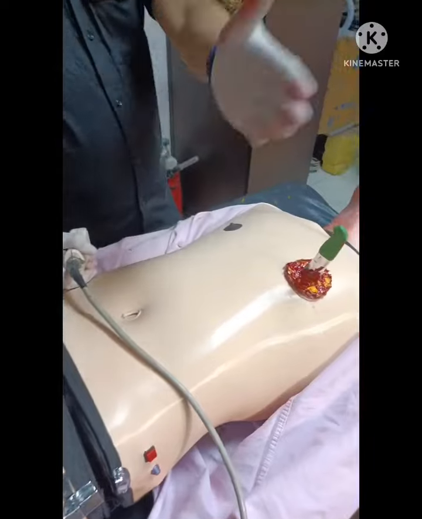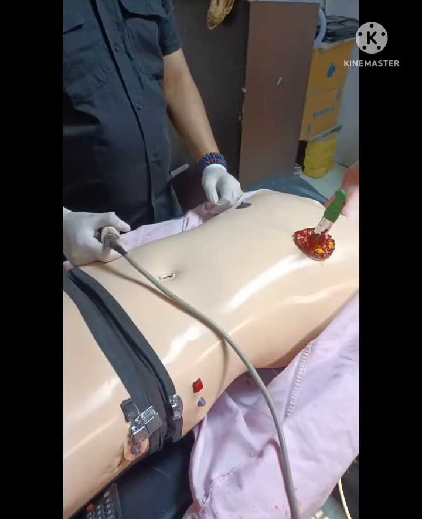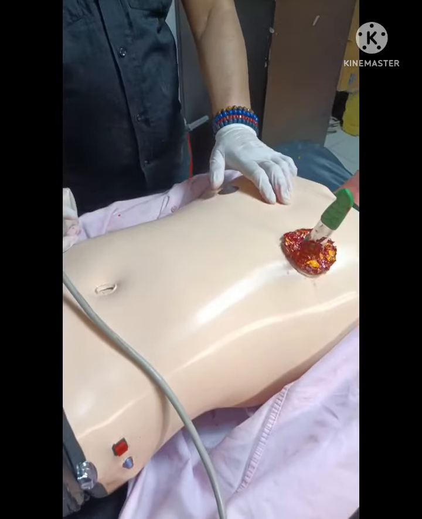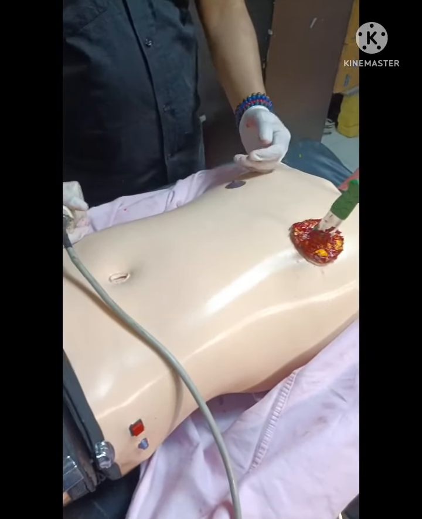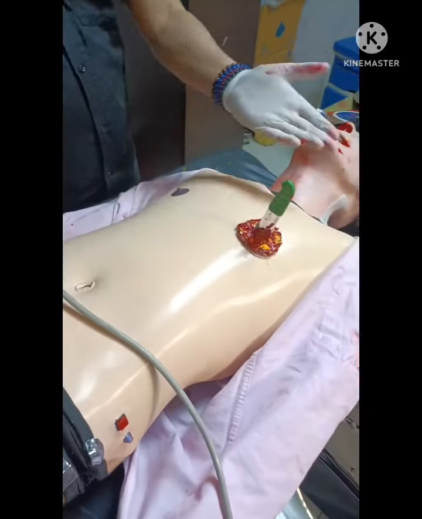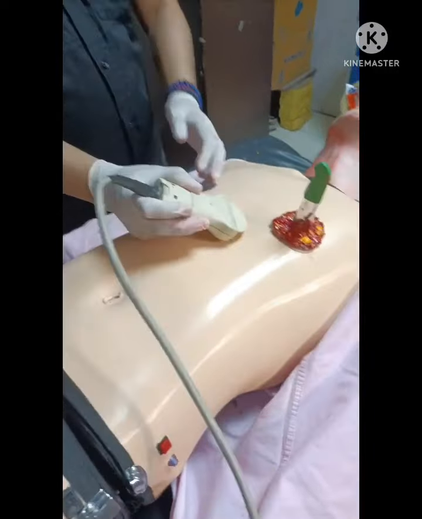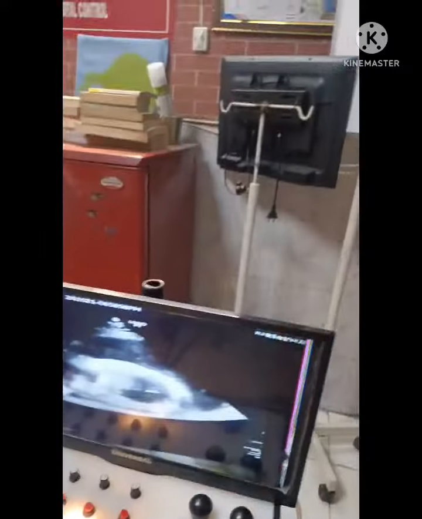If the patient comes with a chest stab injury and hypotension, the first thing you have to do is put a probe, and this is what you get on the ultrasound simulator.